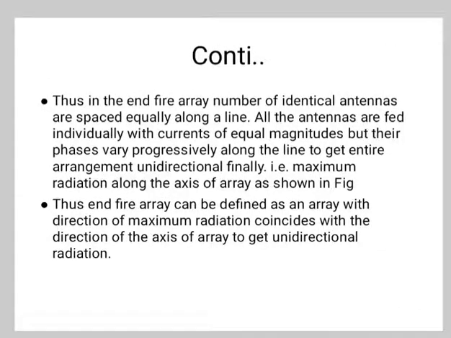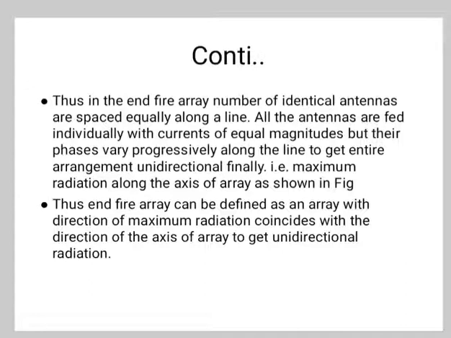So in the end fire array, a number of identical antennas are spaced equally along a line. All the elements are fed individually with currents of equal magnitude, but their phases vary progressively along the line to get the entire arrangement unidirectional finally. That is, maximum radiation along the axis of array, which is shown in the figure.